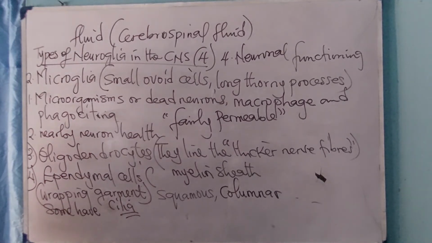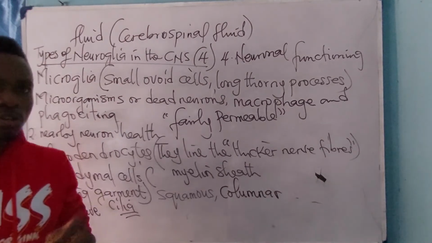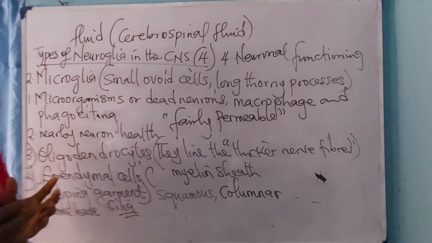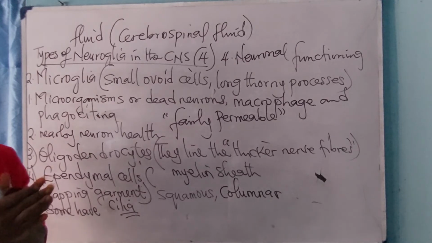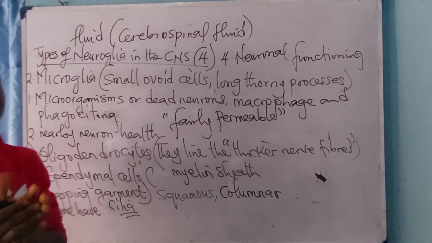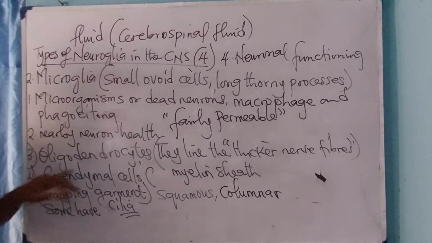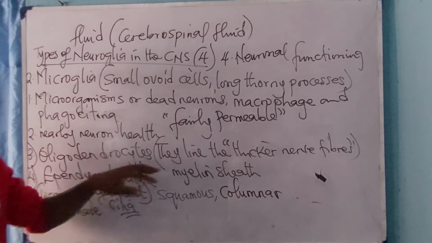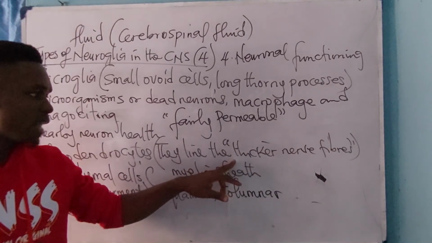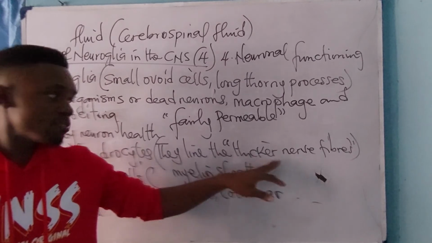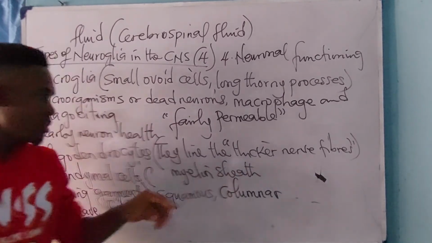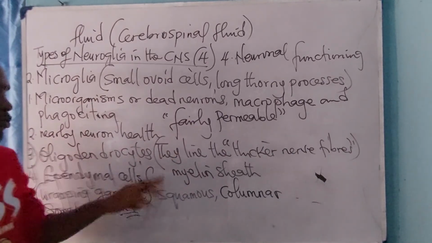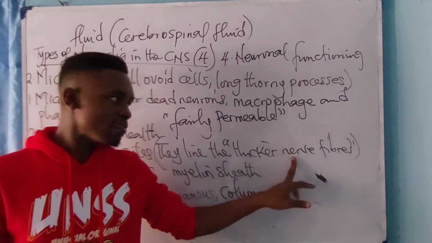Okay, now I said that the Schwann cells form myelin sheath, and their function is the same as the function of the oligodendrocyte in the neuron, which means that if the oligodendrocyte lines the nerve fibers, that is thicker nerve fibers, forming myelin sheath, the Schwann cells also form myelin sheath, and the Schwann cells also line larger nerve fibers.